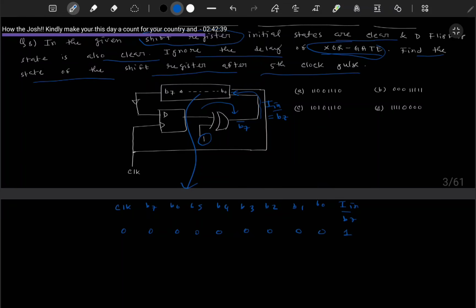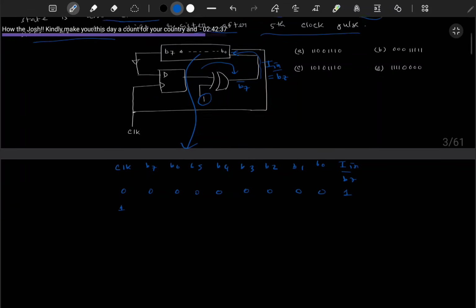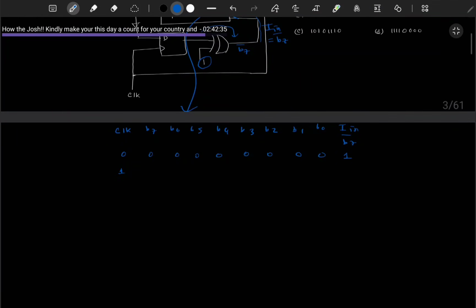and it will be 1. Now first clock is there. Now what will happen, it will shift to the left side. Similarly it will shift this side again in the second, fourth, fifth.